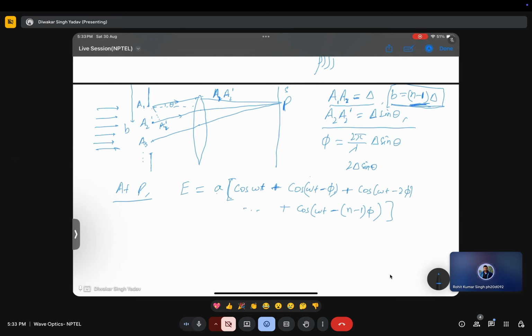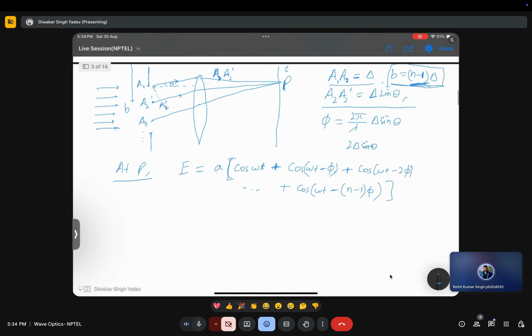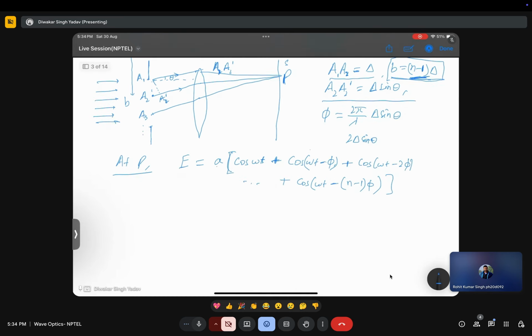Now to get the resultant amplitude you'll have to sum all these. So there is a standard summing formula for this. I think you can look at any standard textbook. If you sum this series together, you will get this value.